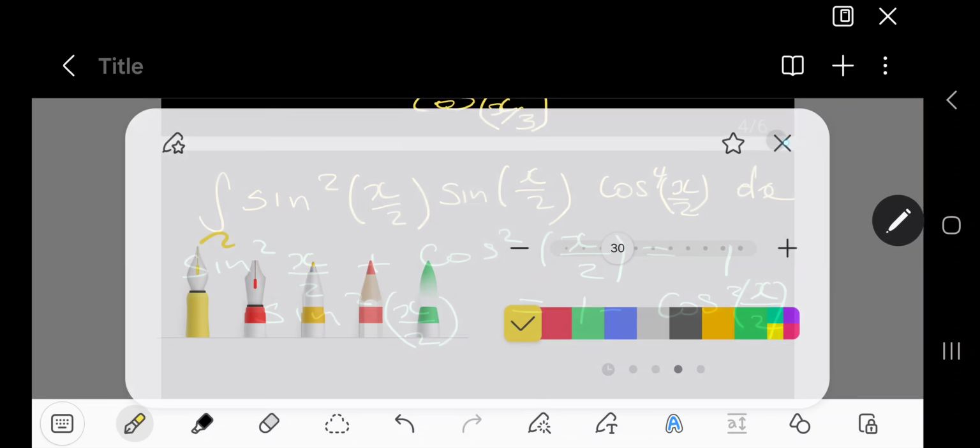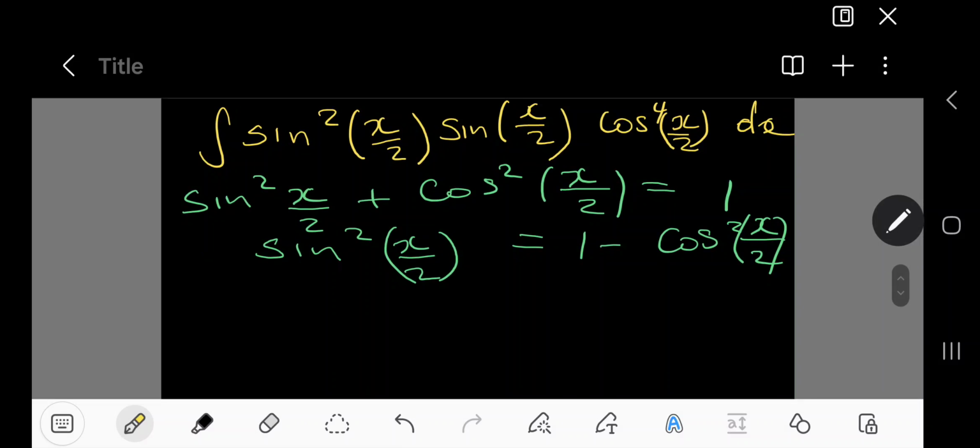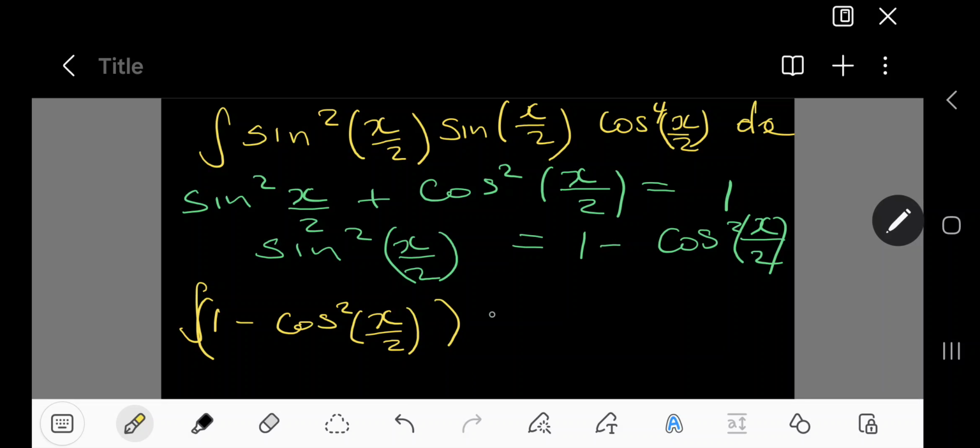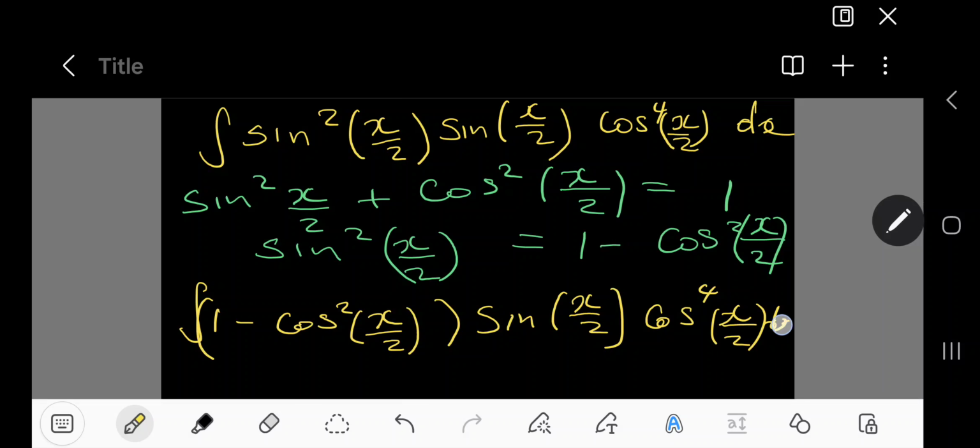Let's go back to our original color. So now we replace that with 1 minus cos squared x over 2, and we still write sine x over 2 cos raised to 4 x over 2 dx.